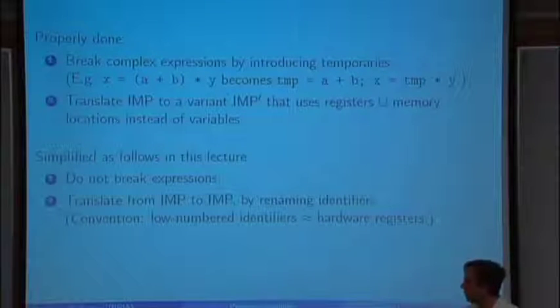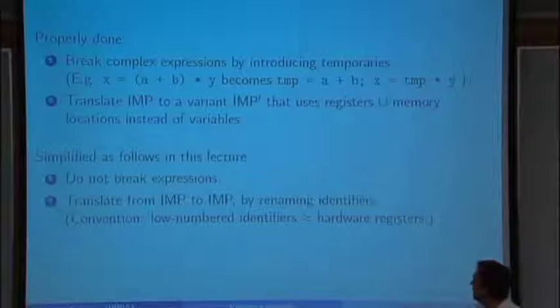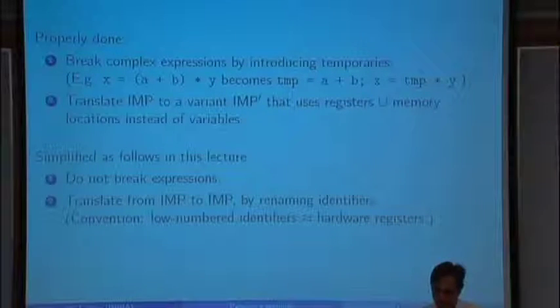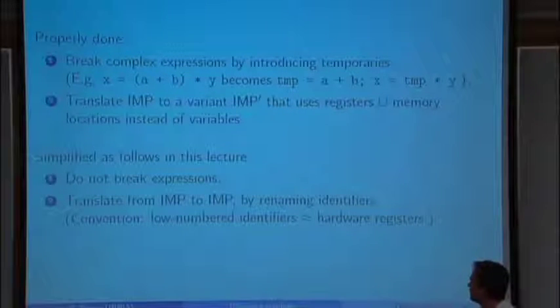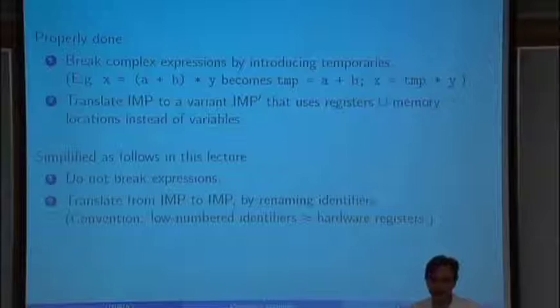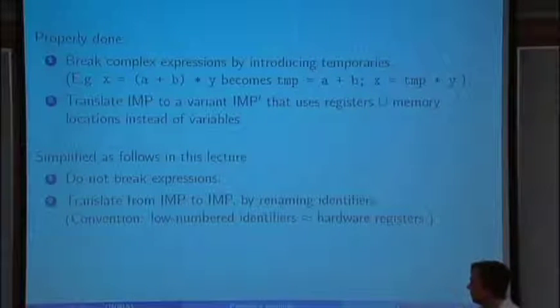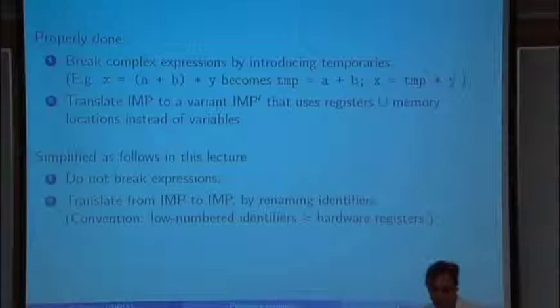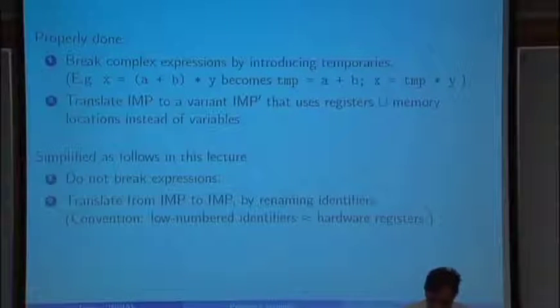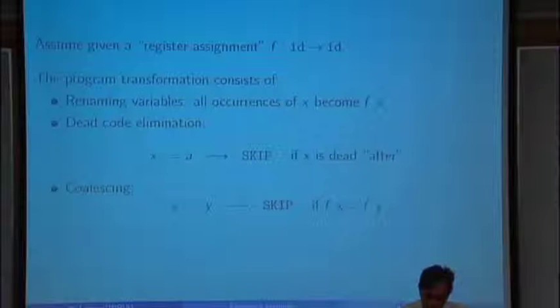So that's how it is properly done in real compilers. So just to make it simpler, we are not going to break expressions, so we will keep some kind of abstract stack to evaluate them, for instance. And we will simply translate from imp to imp. So we will just rename identifiers with a convention that, for instance, the low-numbered identifiers really stand for hardware registers.